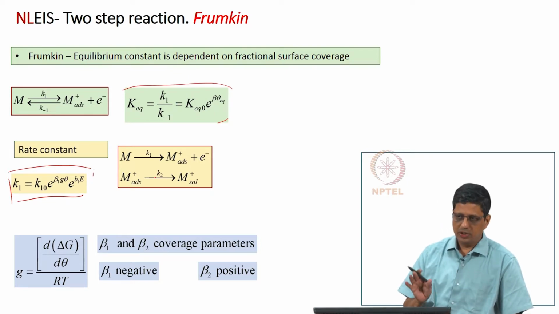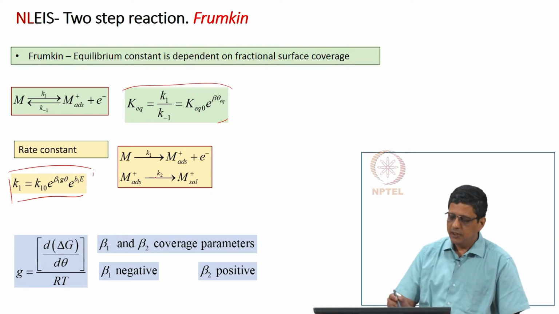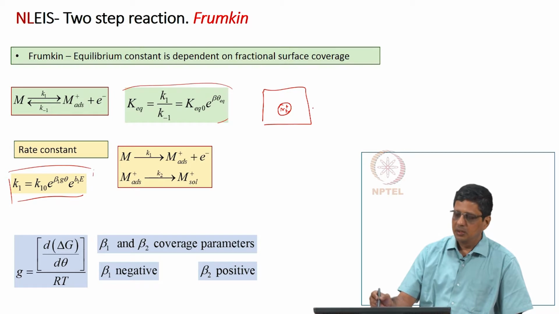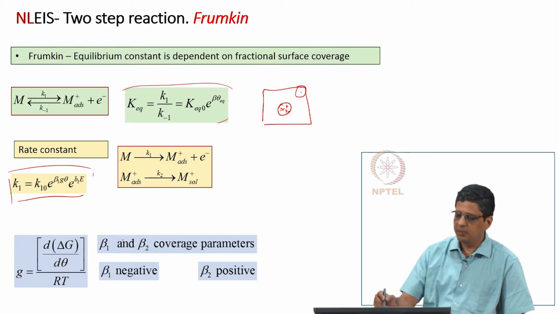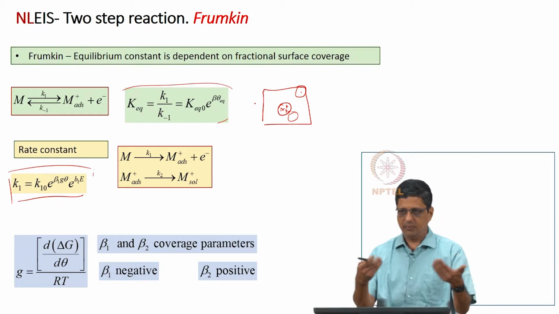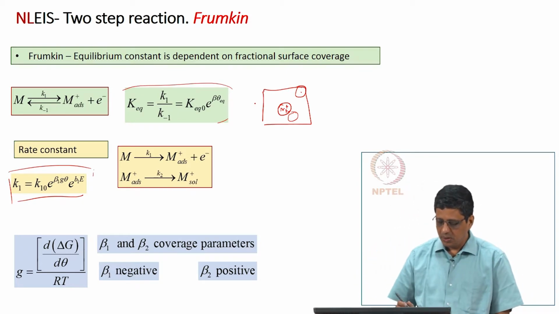Now, we are going to assume that repulsive interaction is likely if part of the surface is occupied by M plus adsorbed. A site here is more likely to become M plus adsorbed compared to this site, because these two are charged species, it is quite likely that they will have repulsive interaction.